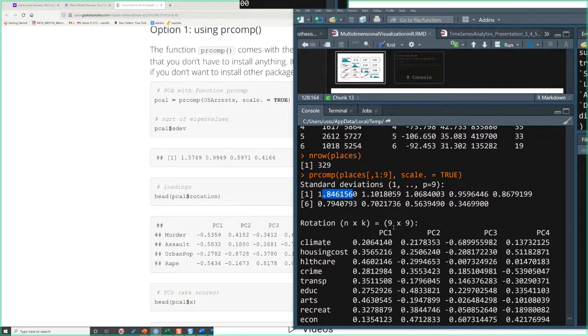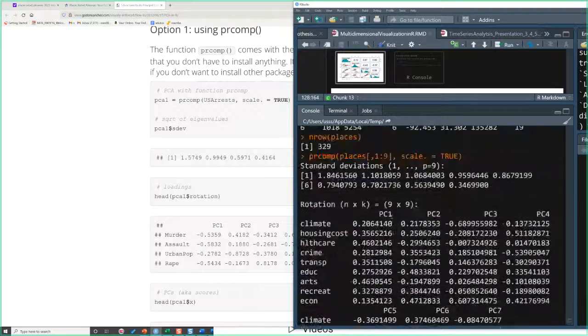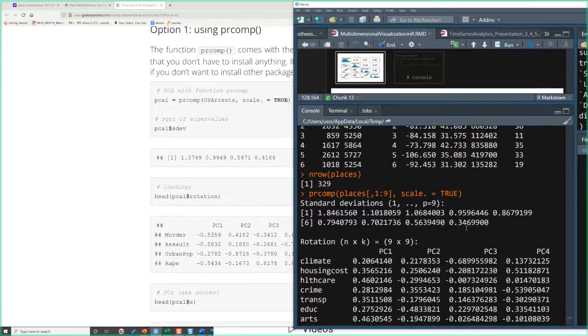I told you variance, but because it's a scale, the better terminology is standard deviation, not variance. So the lambdas, the eigenvalues, are the standard deviation in each of the eigenvector directions. The values are the standard deviations.